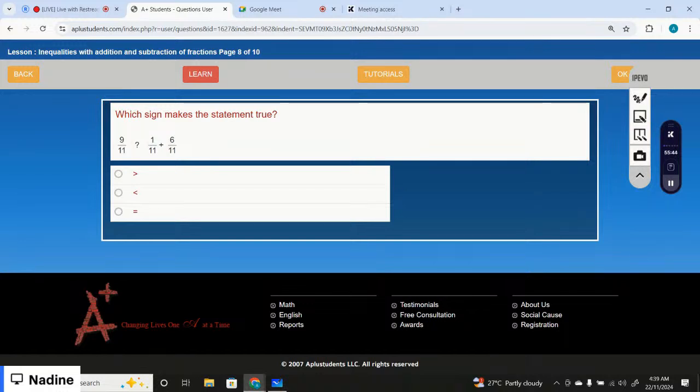9 over 11, you have to compare it to 1 over 11 plus 6 over 11.